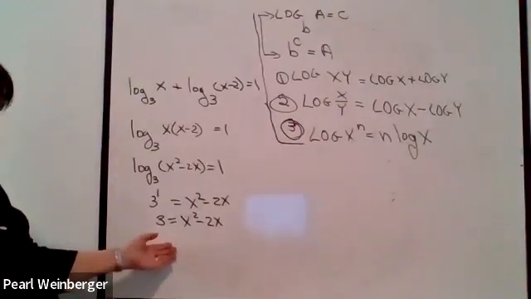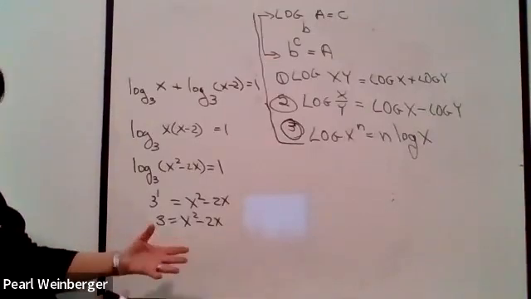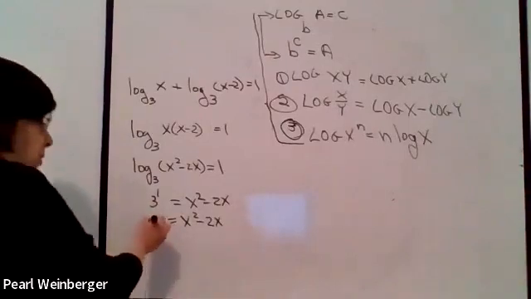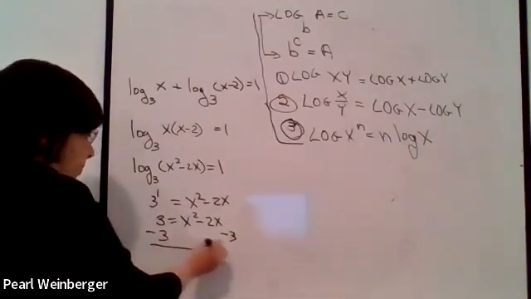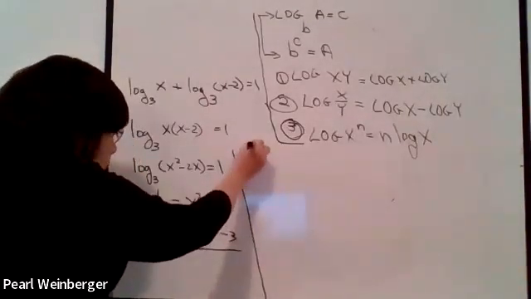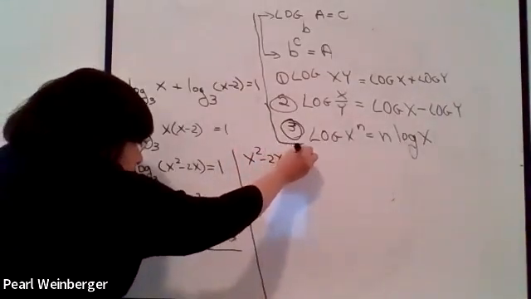I right away recognize this as a quadratic equation. I have to solve this quadratic equation, and I'm going to solve it the way I've always solved. Let's write just a regular algebra equation now. I'm going to subtract 3 from both sides. So I'll have x squared minus 2x minus 3 equaling 0.